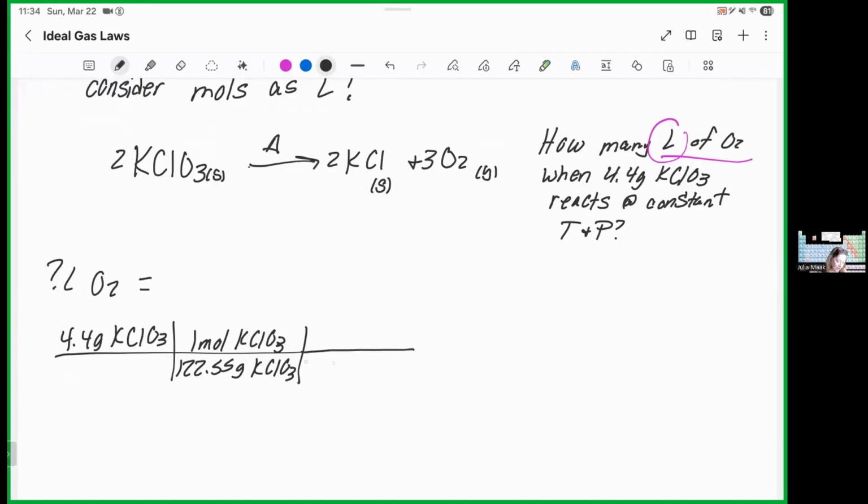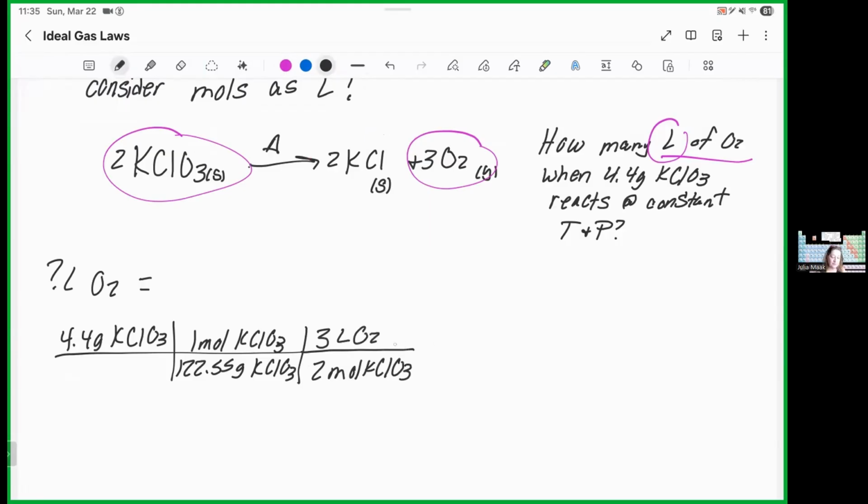Because we're at constant temperature and pressure, we can say that 2 moles of potassium chlorate is equal to 3 liters of oxygen gas.